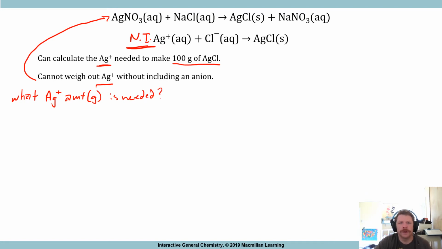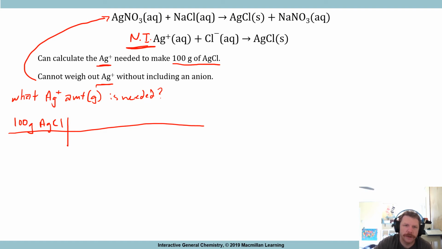To answer that question, we're going to start out with what we know. We want to know how much is needed to make 100 grams of AgCl. So now I need to convert to moles of AgCl. The molar mass of silver chloride, I've got it written down on my paper here, is 143.32 grams of AgCl.